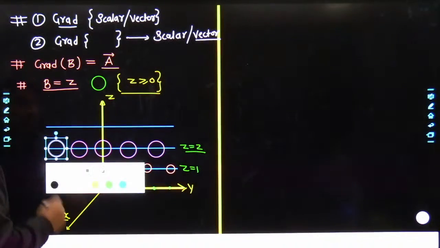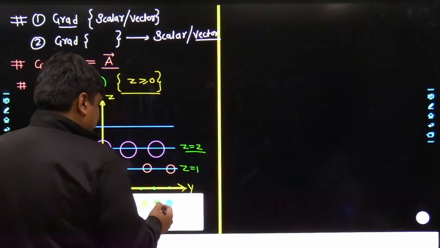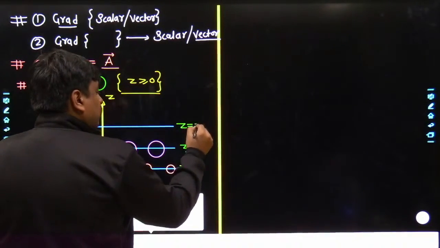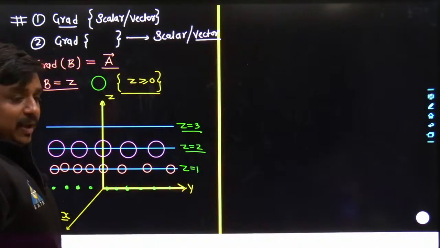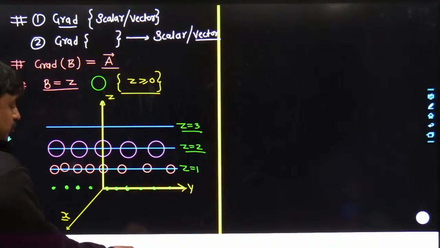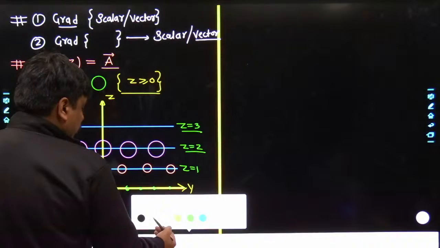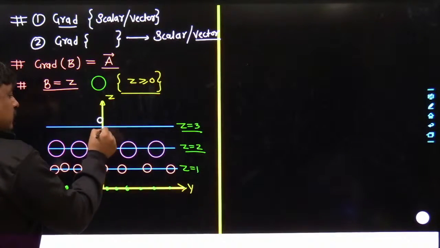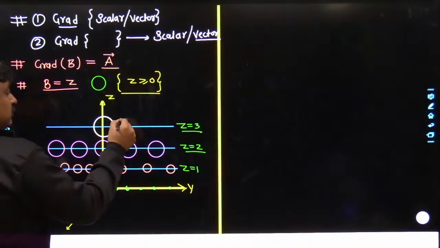And now if you reach z is equal to 3, the magnitude would be increased even more. So here it goes, I can take the larger circle.